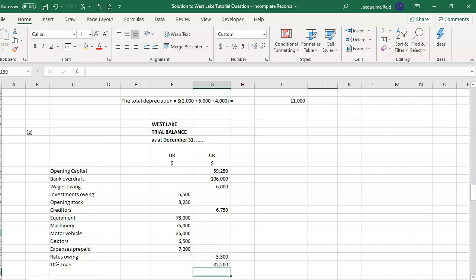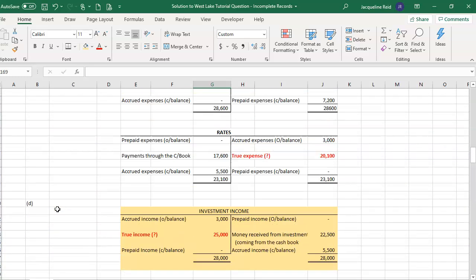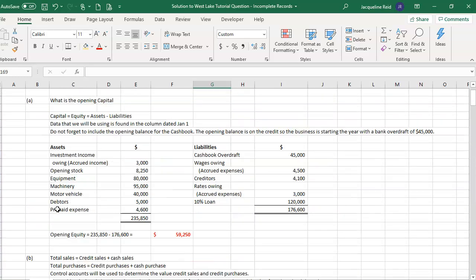Now, let us go back to part A. In part A, it provided us with the opening equity, which we have already used in building the trial balance. So there's nothing else here that will help us to build that trial balance. So let us move on.